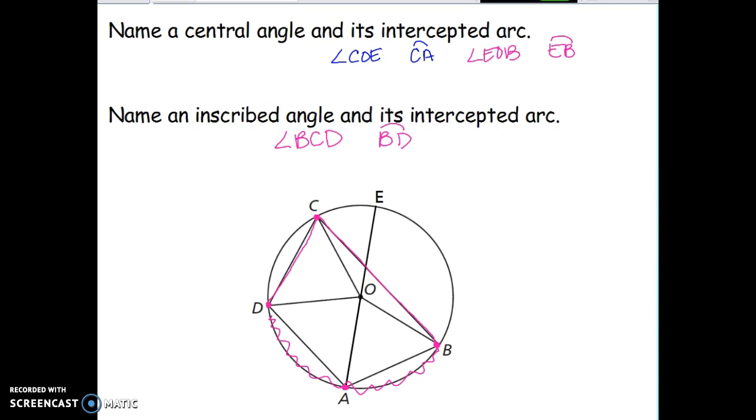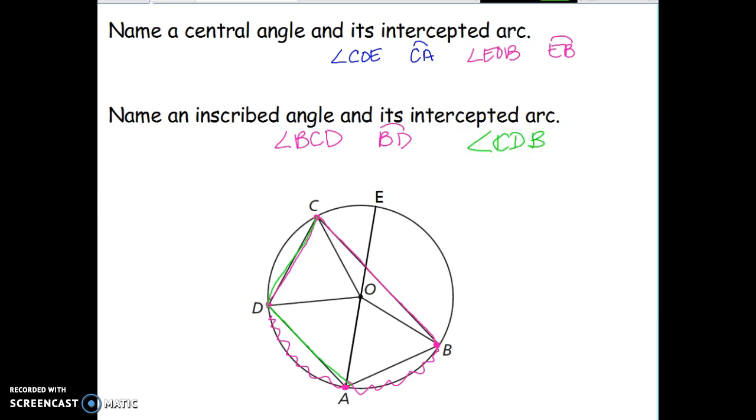We could also have a vertex at D, so we could say CDA is an inscribed angle.